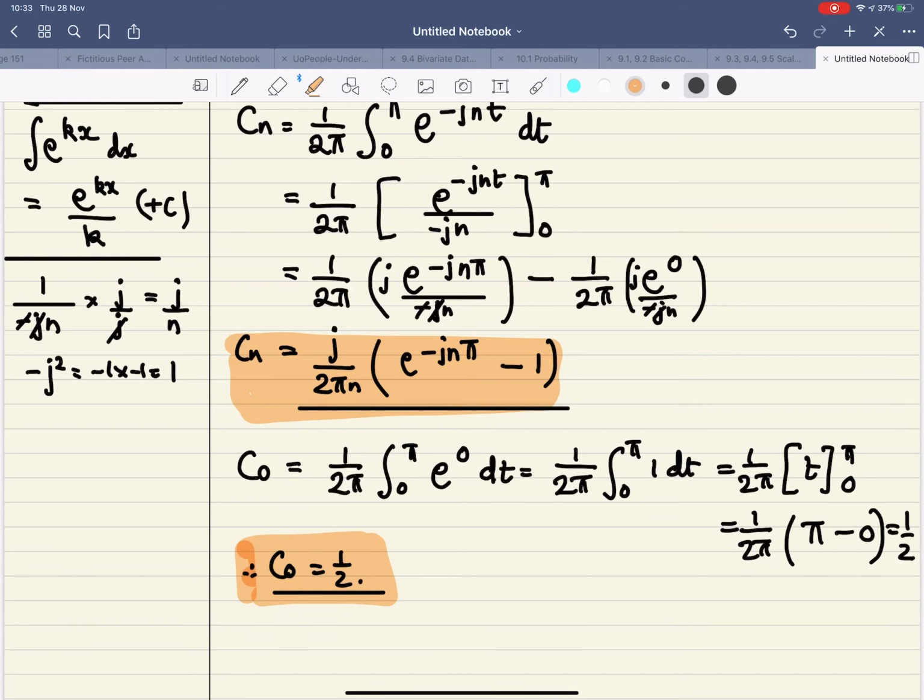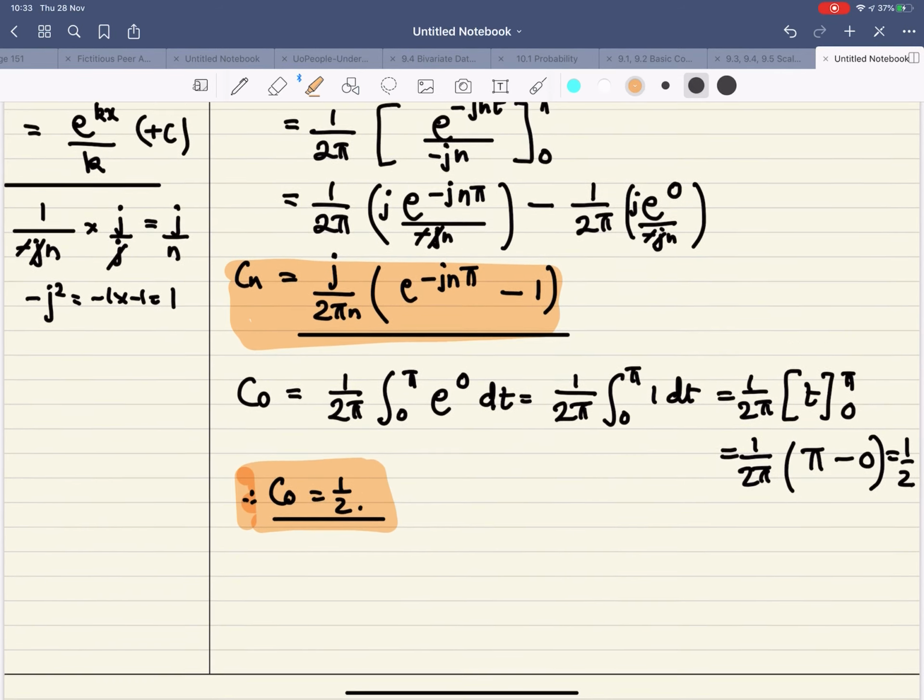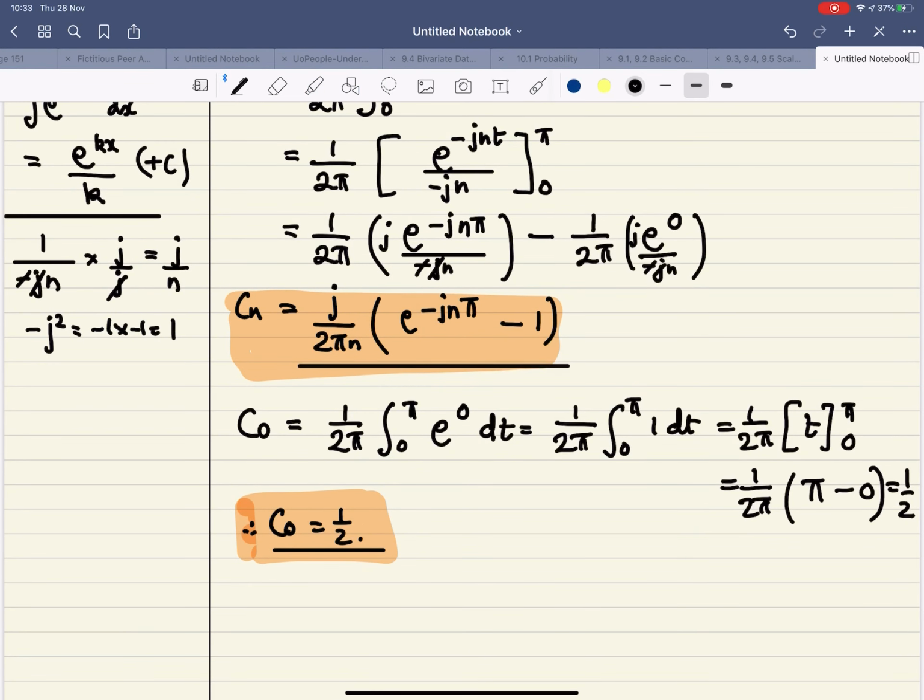Okay. And the other one that you need is C1. Right, C1, I can use this answer here, the general one, with n is 1. N is 1 there, n is 1 there. I'm quite happy there to use that there. So C1 is j over 2 pi e to the minus j pi minus 1.